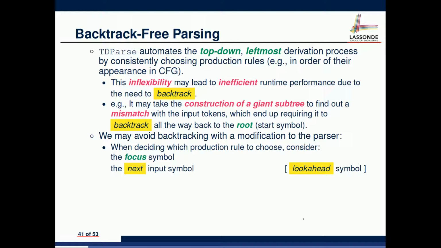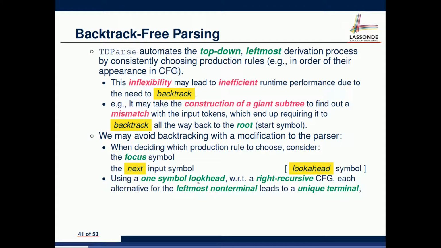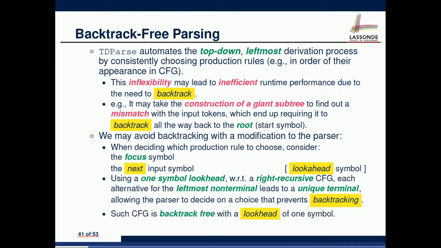Usually it's just called look ahead. You want to look ahead to see, if I apply this particular production rule, what will be the consequence for the resulting string. And if you're using a one symbol look ahead, you can find a unique terminal that will be matched, and then see which one to choose. So you can avoid backtracking.